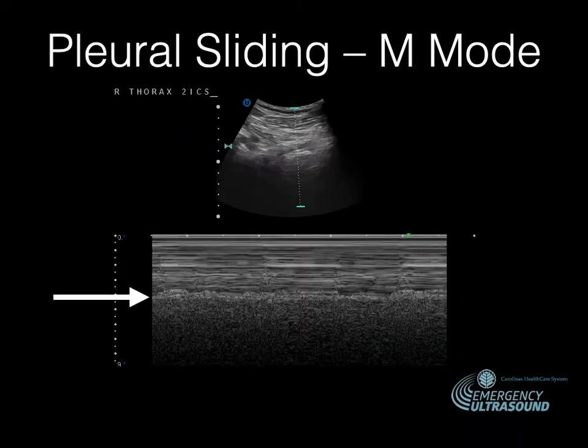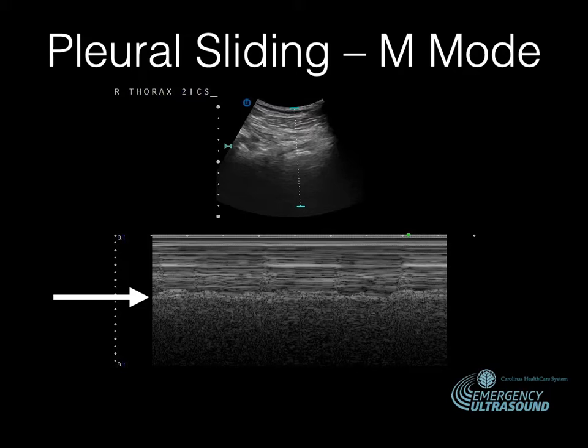We can use M mode also when evaluating pleural sliding. So get your nice B mode image, then place your M mode line over the pleura and look to see if you see a discrepancy in the soft tissue and then in the movement in the pleura. We call this a seashore sign.